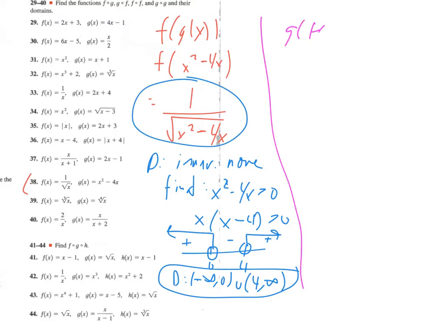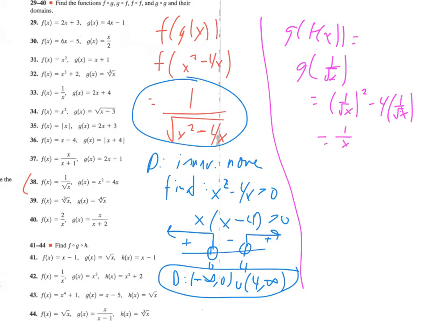All right, I'll fit g of f of x in here as well. So now I'm going to do g of, and I'll replace f with, what's our f function? 1 over rad x. And so that's going to turn into 1 over rad x squared minus 4 times 1 over rad x. Now when I square this first one, that's just going to be 1 over x.